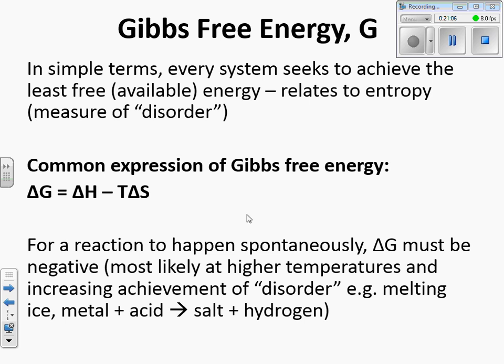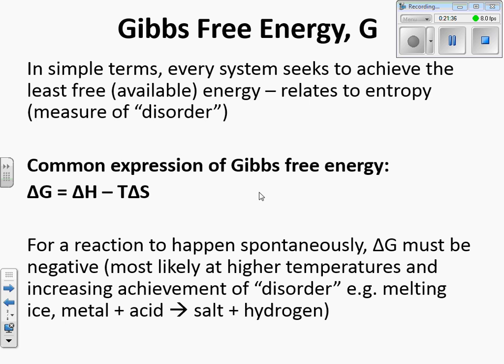Okay, this idea of least free energy or available energy does relate to entropy, this measure of disorder. The higher the entropy, the less free energy there is. Everything's distributed evenly throughout the space there is, and that's the lowest amount of energy.